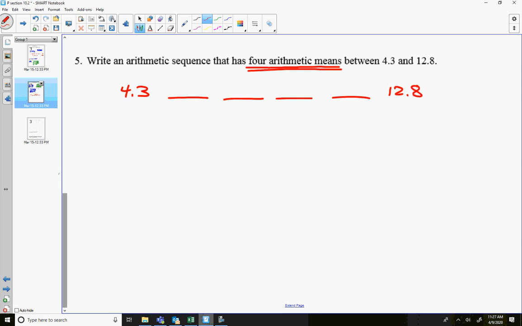So in other words, we know the first term in the sequence, second, third, fourth, fifth, and we know the sixth term. So we know the first term and the sixth term. What we don't know is the common difference. Still using our same formula, but we are specifically going to now let n be 6 because we know the sixth term.